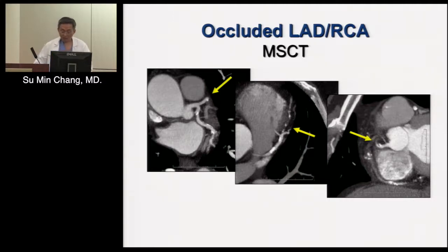So for clinical research, in a research setting, if you miss, let's say, 5 segments of RCA and circumflex and OM, the study looks bad. 5 out of 17 segments, that's like what, 30%? So if you misclassify 30% of your segments, your diagnostic accuracy looks really bad.